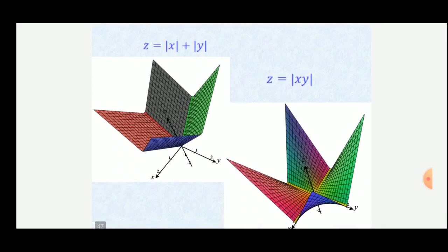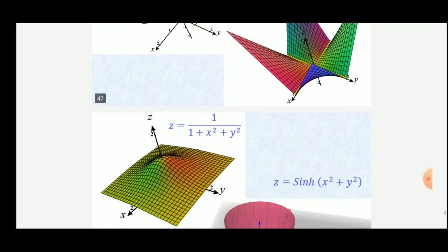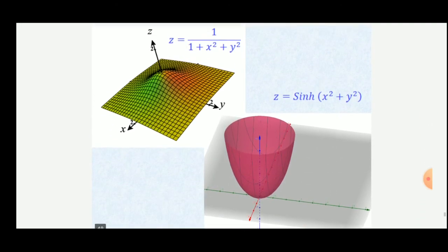Next is z equal to mod of x plus mod of y and z equal to mod of xy. So these are non-negative functions, so both the graphs will be along the positive z-axis. The next is z equal to 1 upon 1 plus x square plus y square and z equal to sinh of x square plus y square.